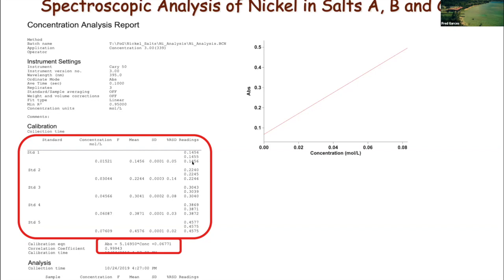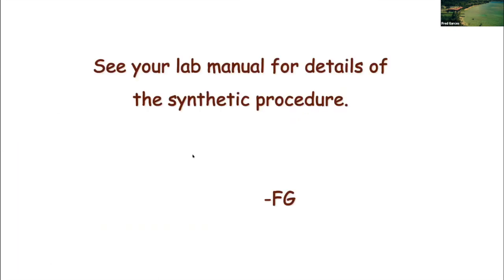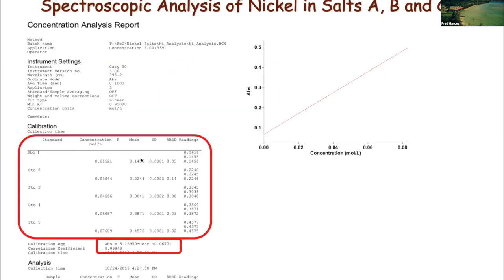The instrument takes 3 readings and takes an average. That's the mean right here. So these are the 3 readings the instrument took, and it takes them in a flash, in like a second or 2. And then it takes the mean. It gives you the standard deviation of each measurement right here, and the percent relative standard deviation.